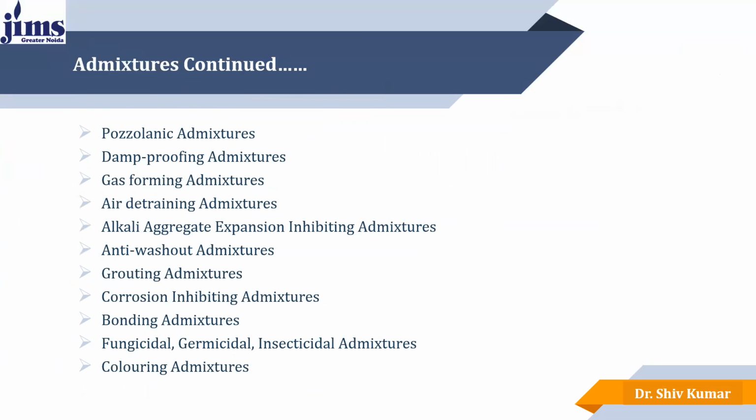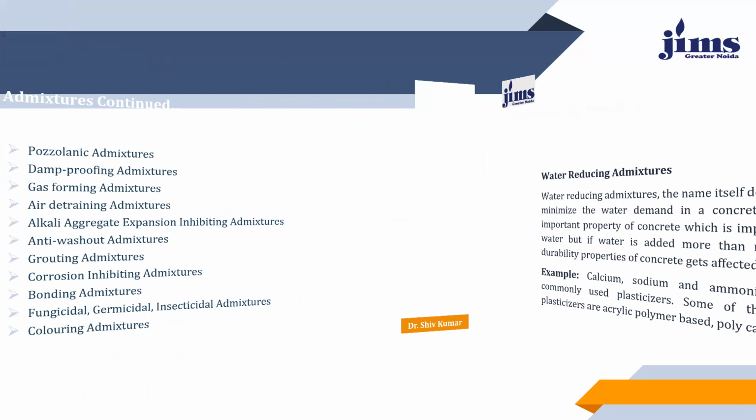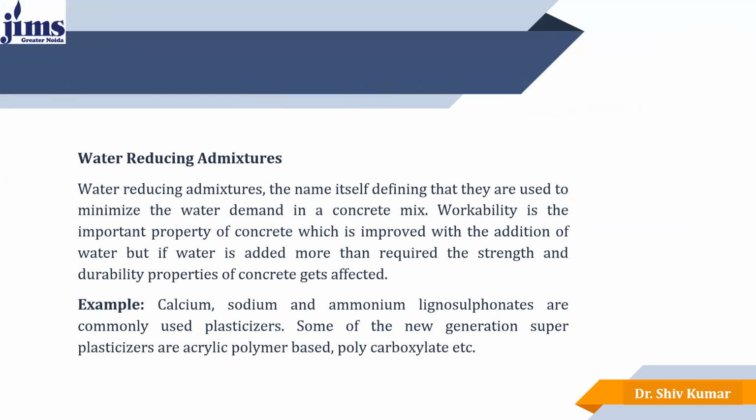Next, pozzolanic admixtures, damp proofing admixtures, gas forming, air detraining admixtures, alkali aggregate expansion inhibiting admixtures, anti washout, and so on. There are so many types of admixtures. As I have mentioned, the admixture can be added based on the specific requirement of the construction.